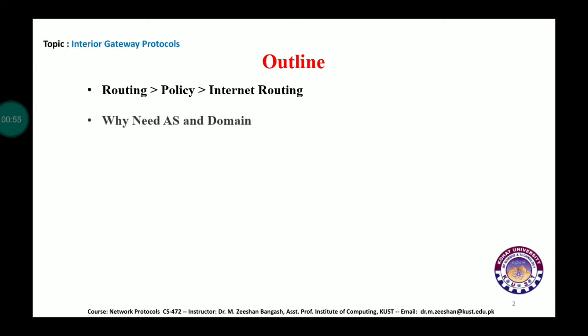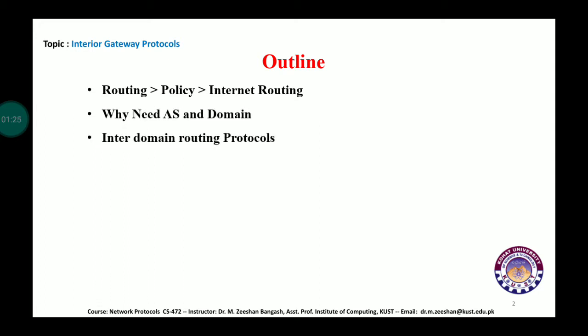Then after that, we will try to differentiate between the autonomous systems and domains, and particularly we will try to classify the categories of the routing algorithms that belong to the autonomous systems and domains, and the inter-autonomous system routing algorithms.